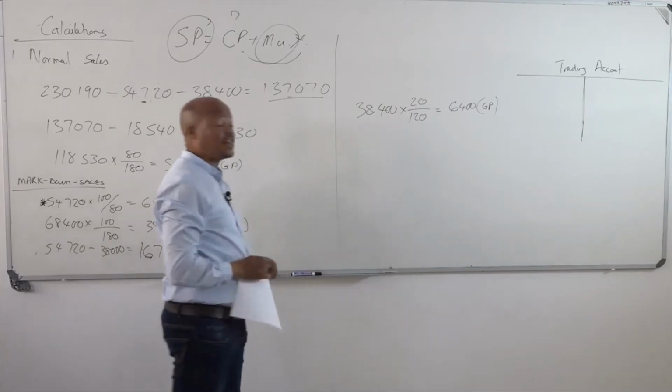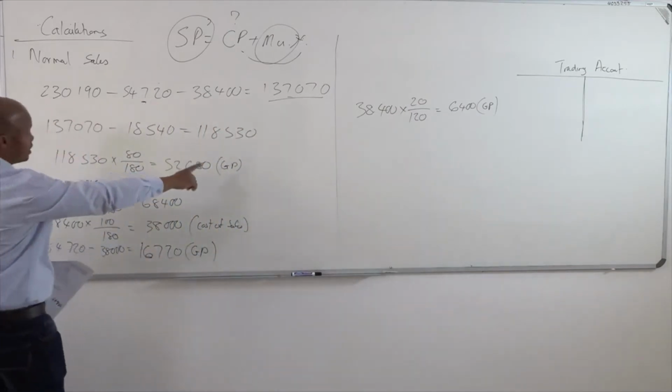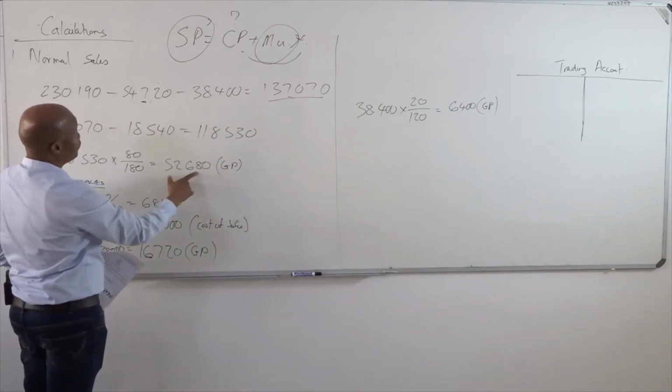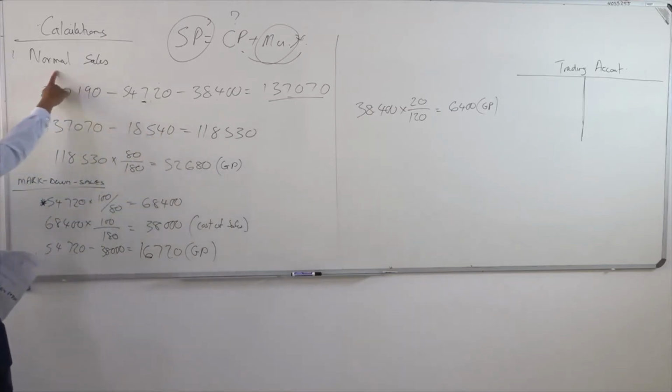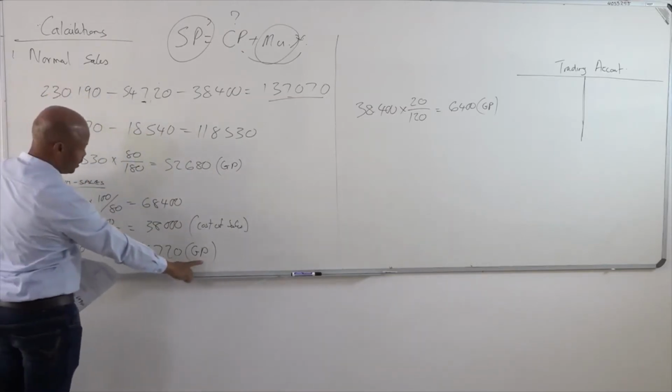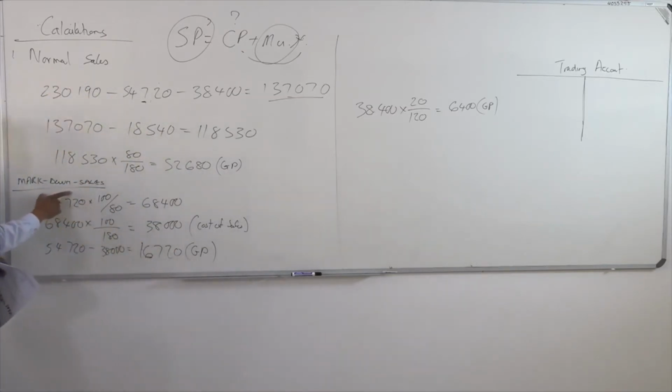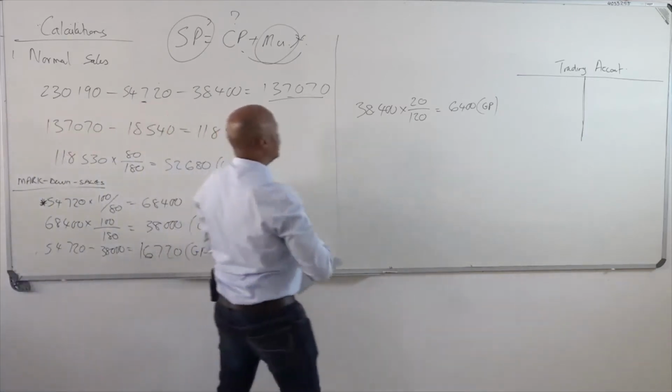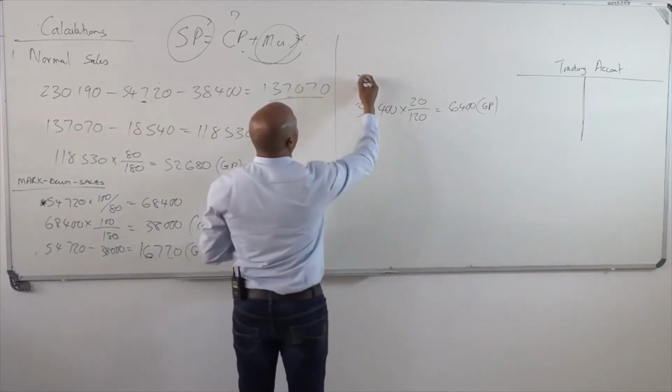If you have a look at this, we've got GP from normal sales, GP from markdown sales, and then GP from staff sales.